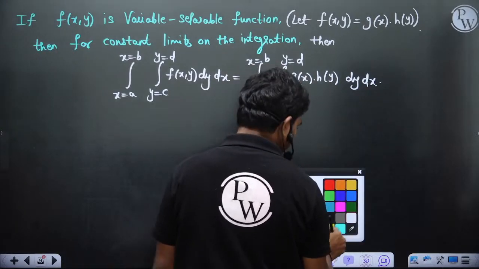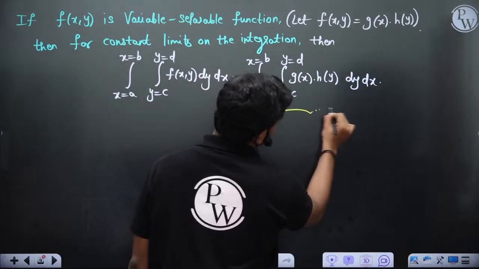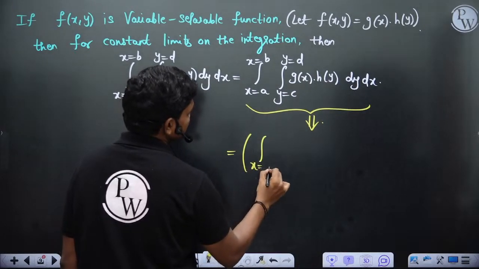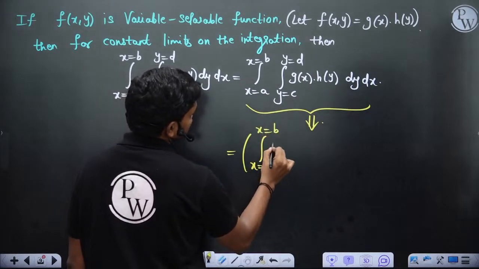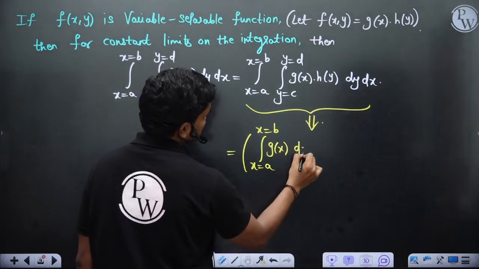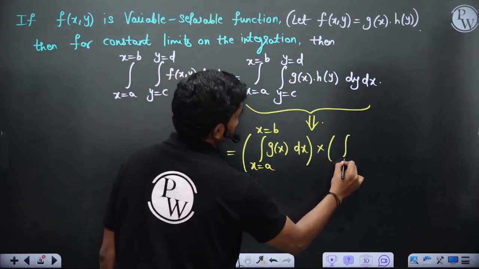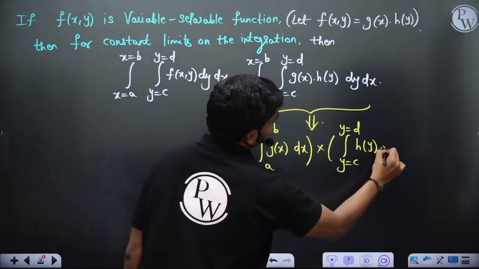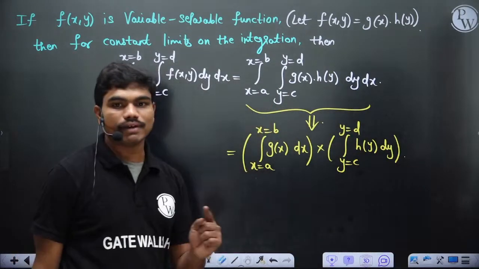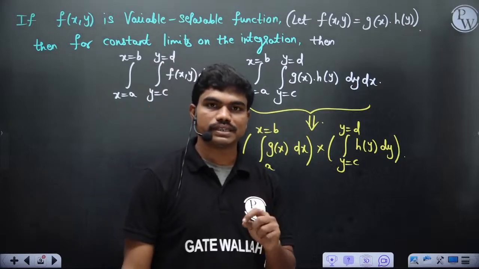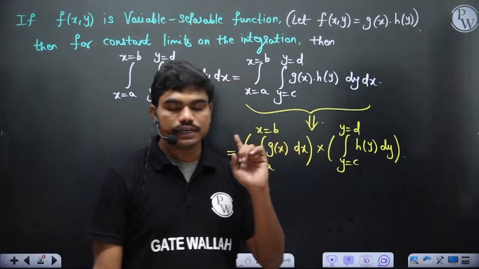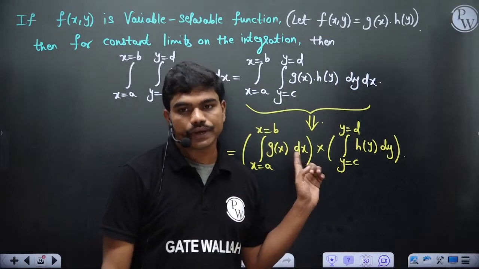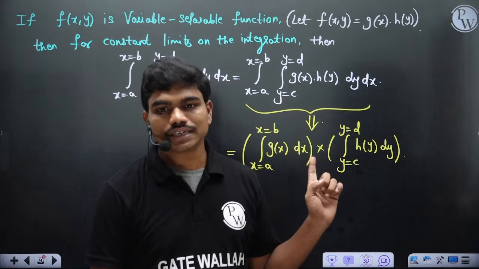So this integration can now be written as the integral from x is equal to a to x is equal to b of g of x dx, multiplied with the integral from y is equal to c to y is equal to d of h of y dy. But please make sure this can be written only if the variables can be split and only if the integral limits are constants. If the integral limits are not constants, then you cannot do this. Is this clear to all of you?